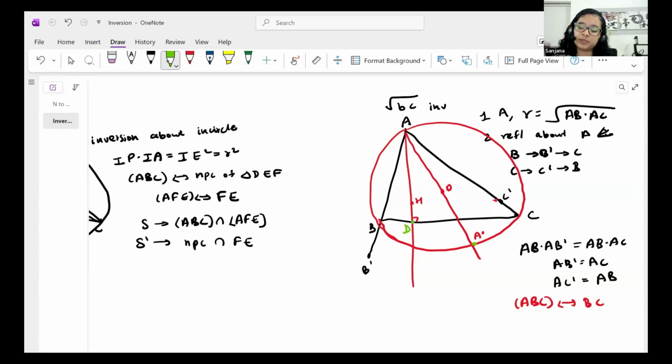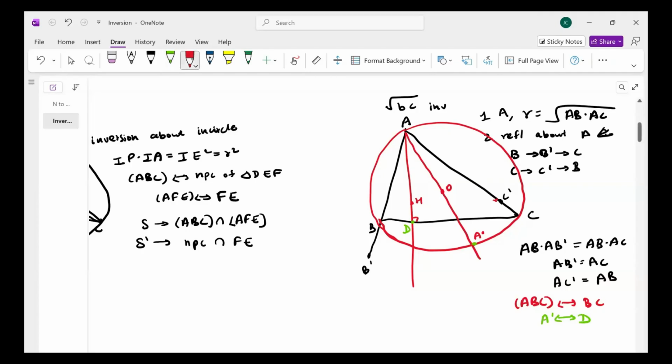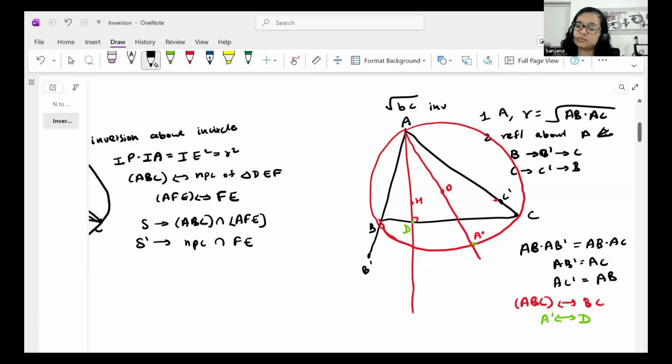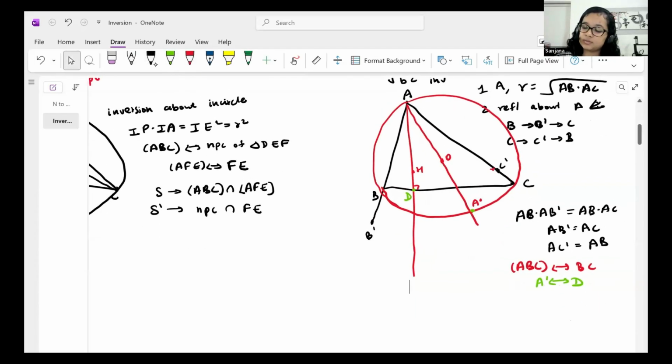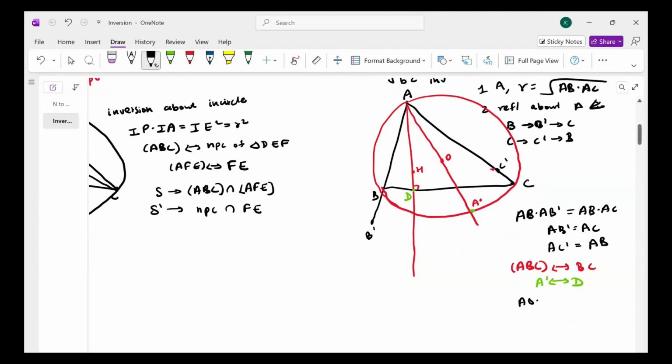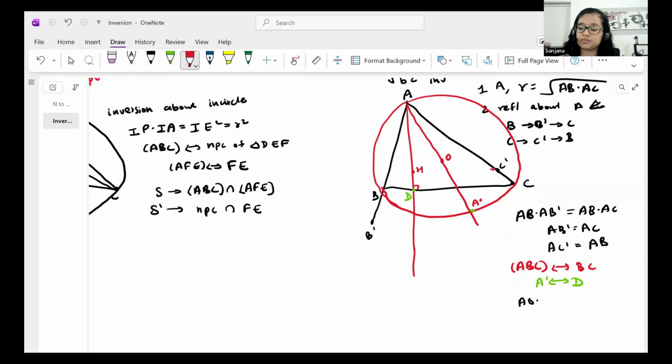Now O is the midpoint of AA dash. So it would be like the reflection of A about BC, right? It's very similar to the thing we did before. Yeah, go ahead. Okay, because 2AD into R is equal to AB into AC. Yeah, perfect. Because of the equality with the radius squared.